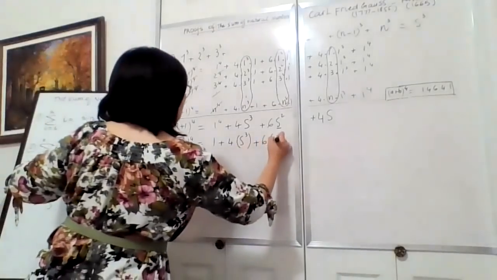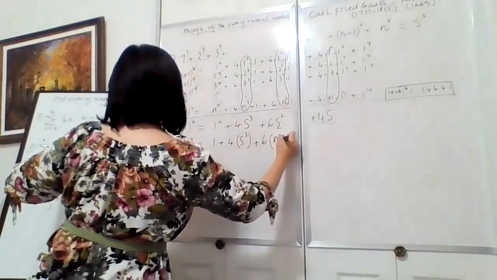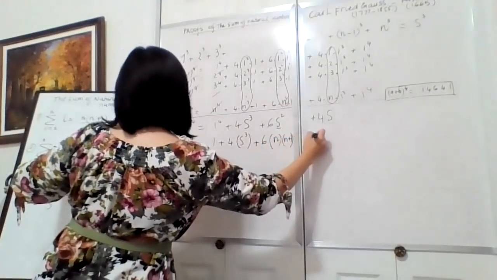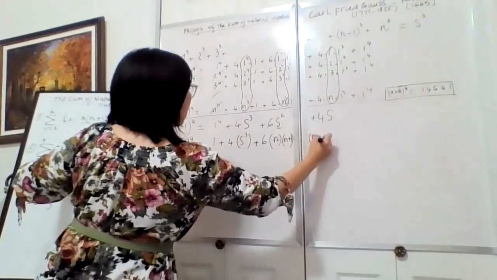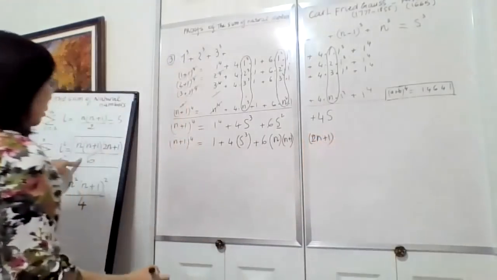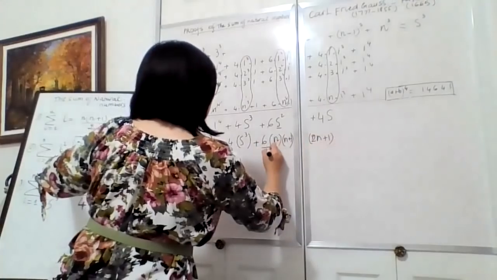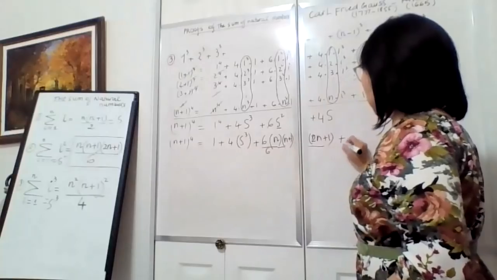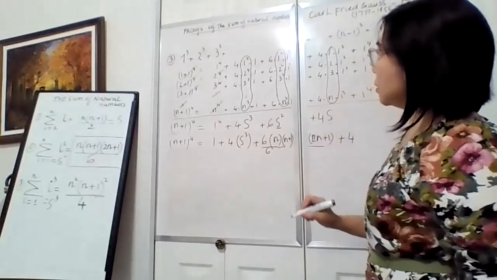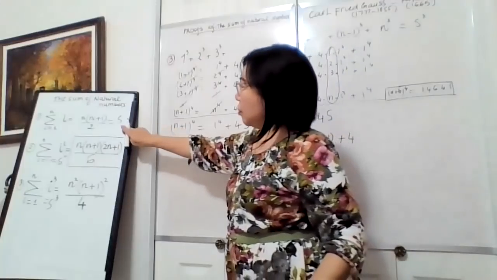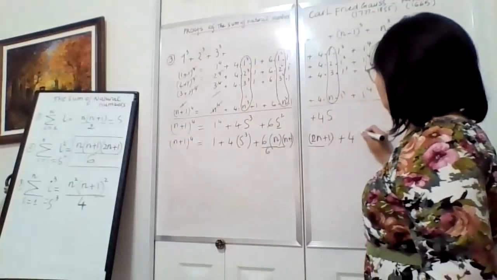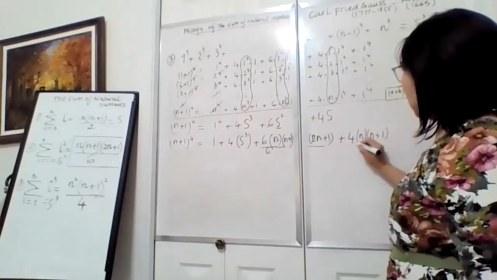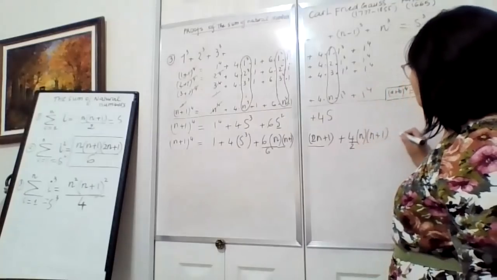So I'm going to substitute this in, and that is n times n plus 1 times 2n plus 1, all of this divided by 6, right? Adding with 4, and the S is the sum of the first n terms here, right? So that would be times n plus 1 divided by 2.